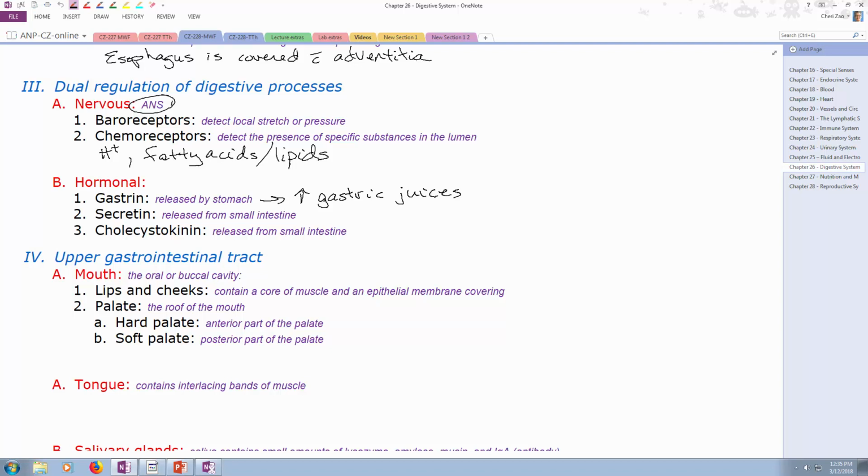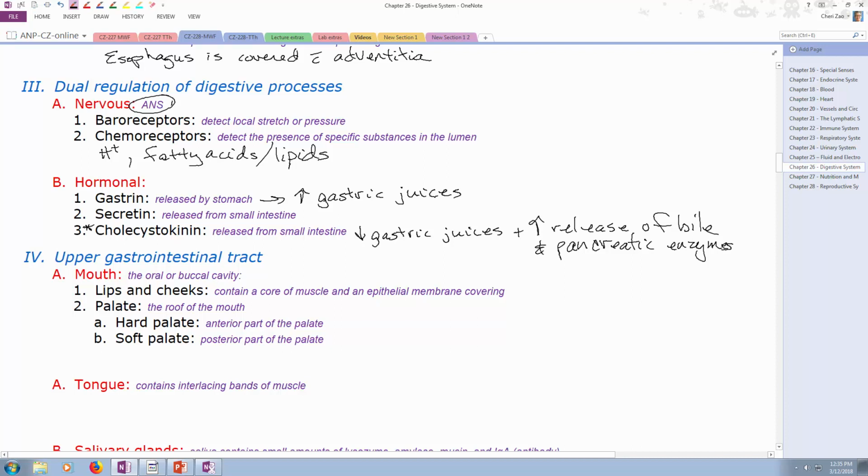So of these two, cholecystokinin is better at doing this job of decreasing gastric juices plus increasing the release of bile and pancreatic enzymes. So secretin does the same thing, but it doesn't do it as well as CCK or cholecystokinin.